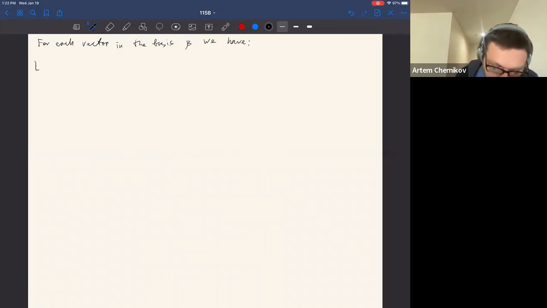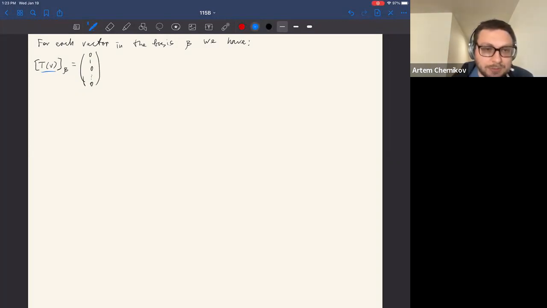The coordinates of T(v) with respect to beta are simply 0, 1, and then followed by zeros, right? Because this is just literally the second vector in the basis beta. So hence its coordinates have zeros everywhere except in the second position, right? In the second row. Now we can calculate T squared. So this is just T of v.